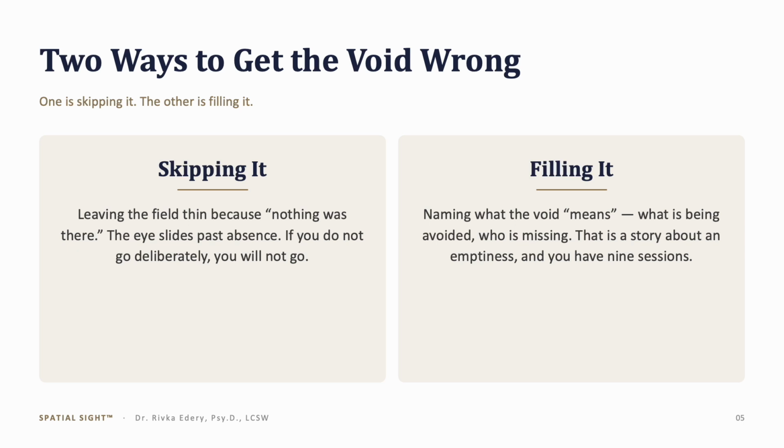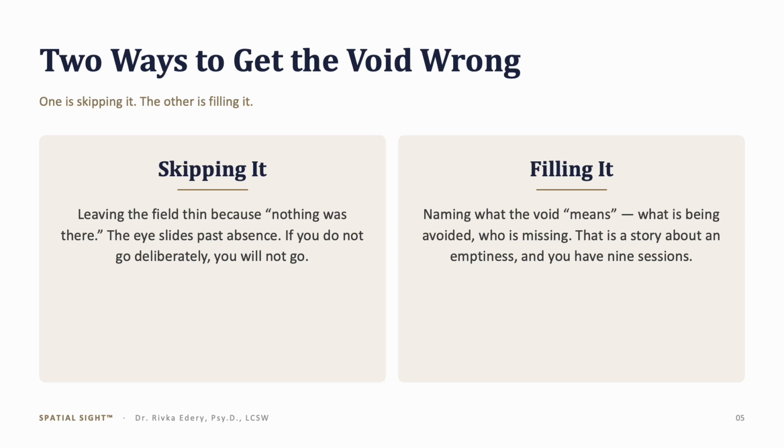We have covered why this happens. The eye slides past absence, and if you do not go deliberately, you will not go. The correction is mechanical. After the last card is read, stop. Physically look at the empty region. Describe its wear, its size, its form, then close.